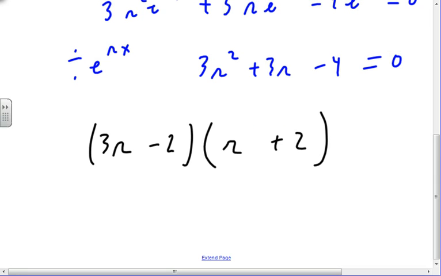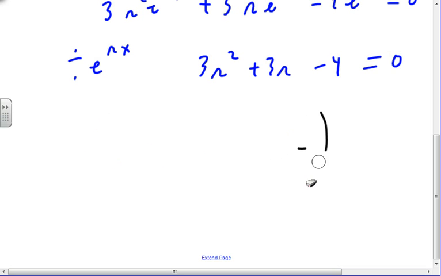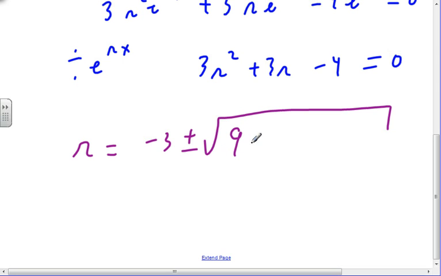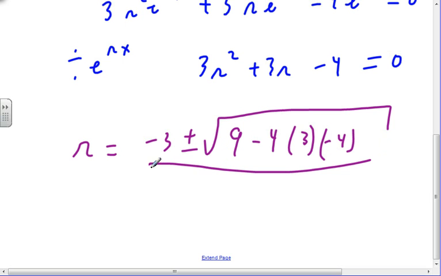Okay, and we can't use the half quadratic formula yet because the thing in front of the r is an odd number, so we can't pull that trick on you. But I will pull that trick on you. Okay, so r is going to be minus 3 plus or minus the square root of 9 minus 4 times 3 times minus 4, divided by 6.